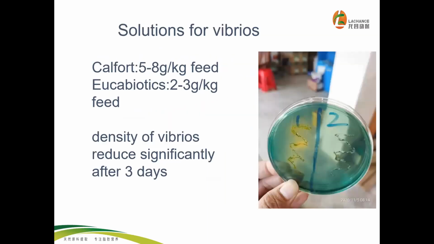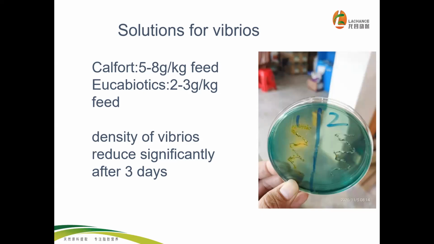Okay, this I just got, because now you can see I'm in the high-speed train station, just back from the shrimp farm. We did this trial for 3 days. We used Calford 5 to 8 grams per kilo plus 2 to 3 grams per kilo eukaryotics.